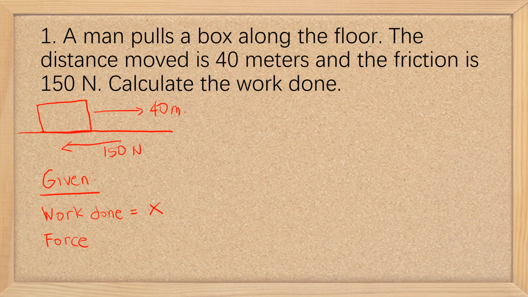The amount of force that we are applying is 150 newtons, and then the distance. The distance is how much? That is 40 meters. So our formula is work equals force multiplied by distance.